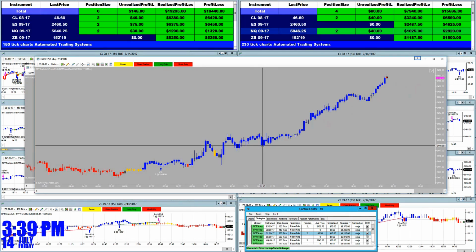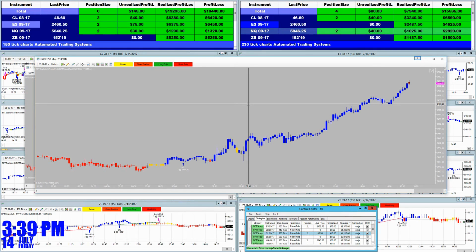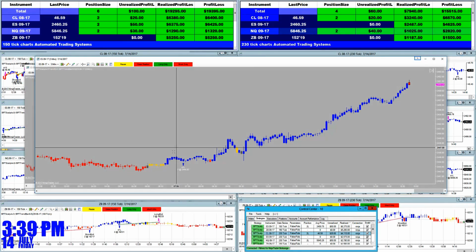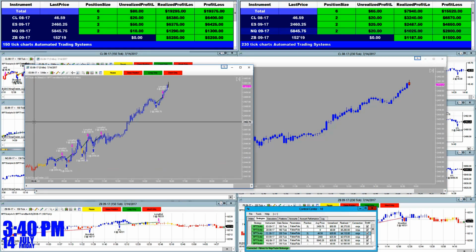Not just here, there was another pullback in this area, 47.75, and then the whole day it ran. Maybe it's not going to happen every day, but that kind of trade is going to make a world of difference in your trading, because if it happens once a week, that can cover the whole week for you.